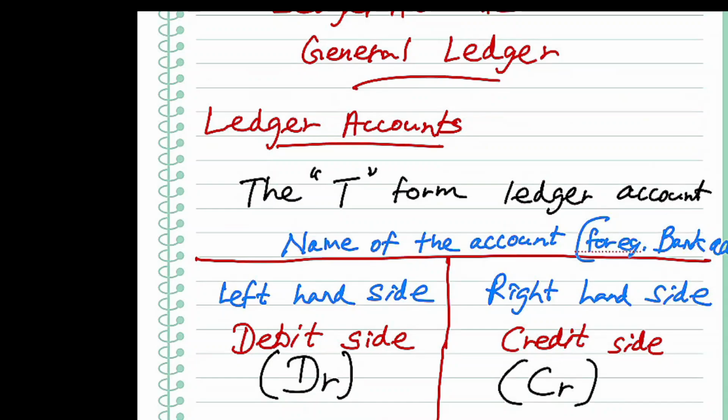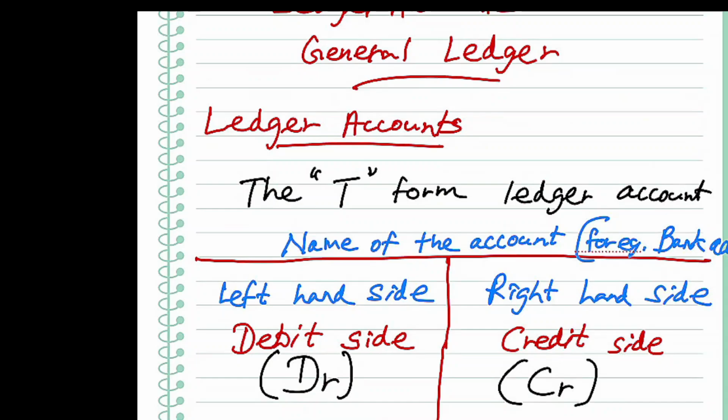Then the double entry we actually maintain in the ledger accounts, right? What do you mean by ledger accounts? It's an accounting record, something like this. So this is the basic format of the ledger account.